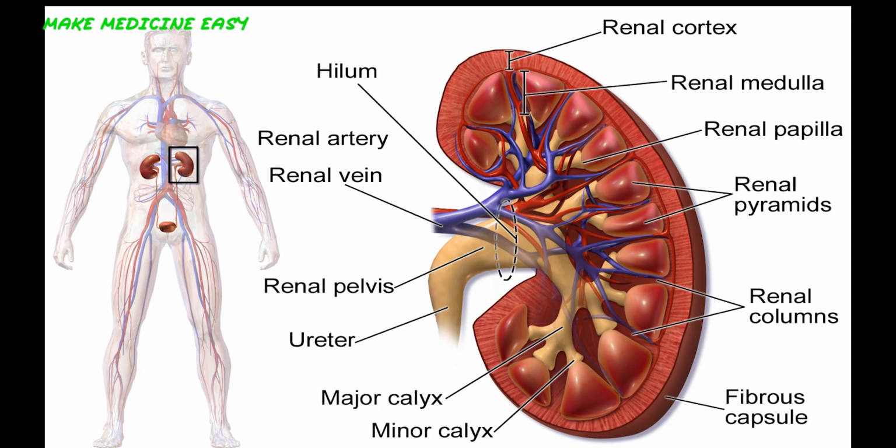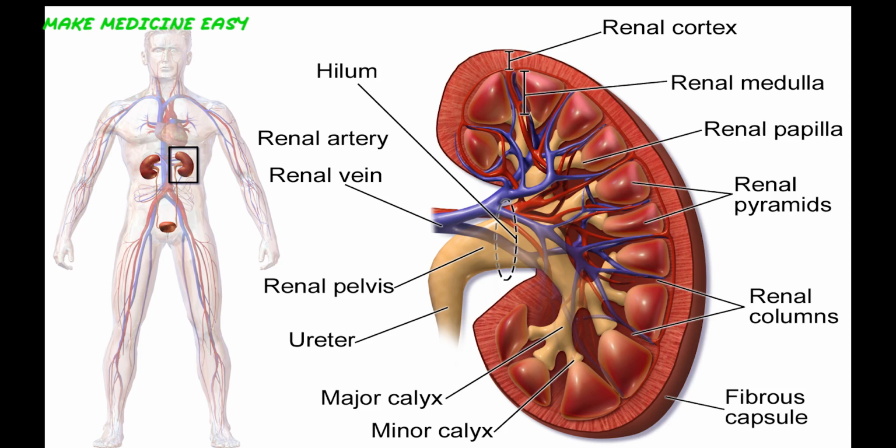Here you see on this slide the kidneys. This is a paired organ, so two kidneys are normally physiologically in the body, and they are fixed on the aorta through renal arteries. So you see the renal artery part.